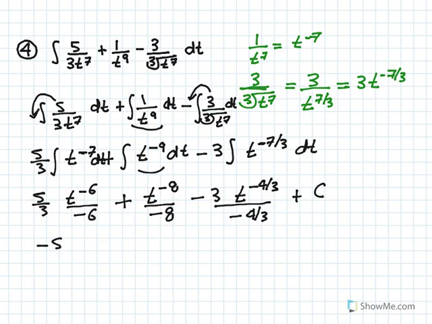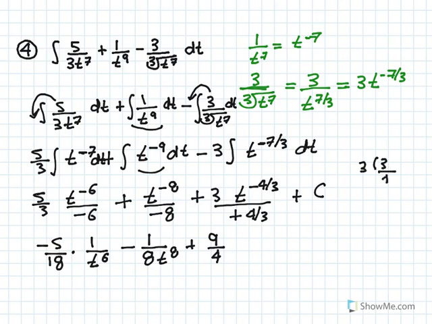Let's simplify the result. We get negative 5 over 18 times 1 over t to the 6 minus 1 over 8t to the 8. The minuses cancel out, and we get 9 over 4. That's because we get 3 times 3 over 4. If we flip the fraction, that gives us 9 over 4, t to the negative 4/3 plus c.